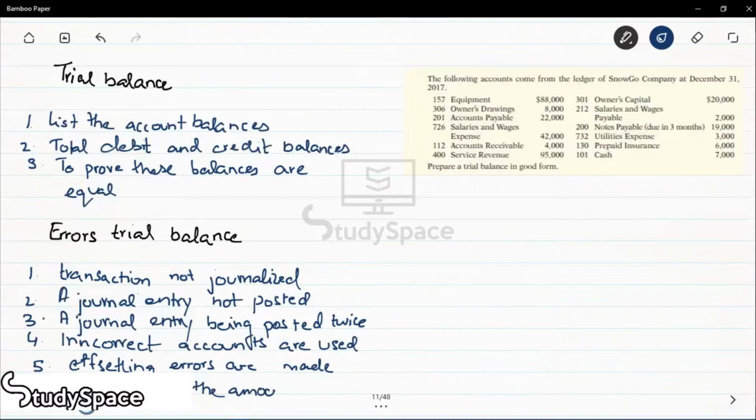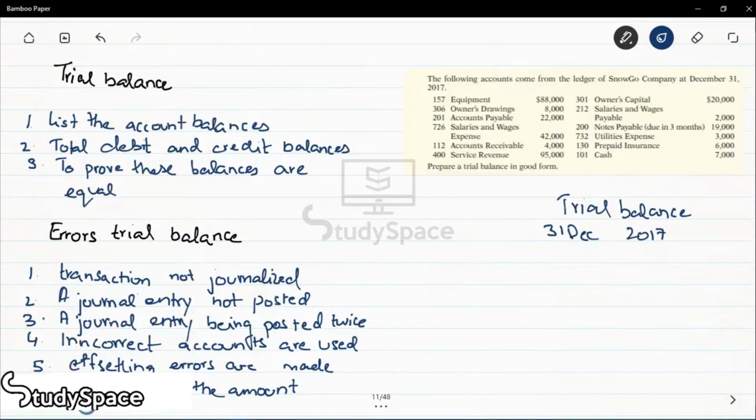Now moving forward, we have an example of a trial balance. Here I will show you how to make a trial balance, what format is generally used for a trial balance, what these balances mean, and how they are represented here. First we will begin by laying out a heading, and then we have our date, 31st December 2017.